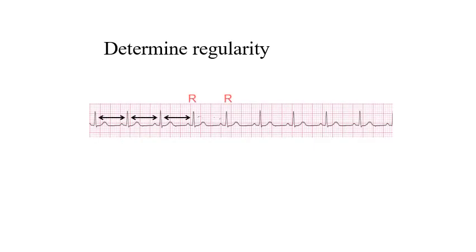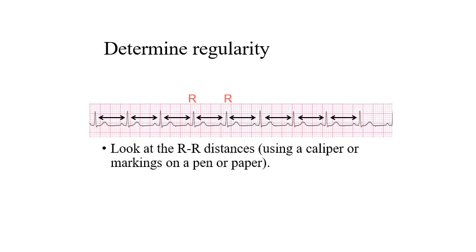We can also determine regularity in the ECG waves. If we can see that the RR interval is exactly fixed, the same time between R's of the ECG, then this is regular. We can use markings on a pen and then measure these distances.